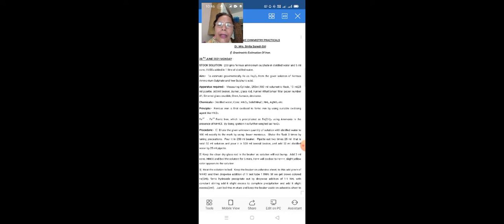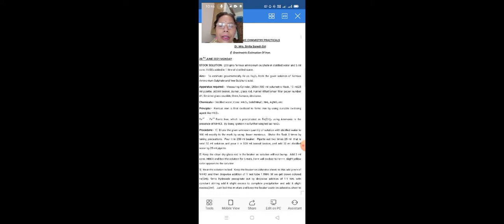Let us start the practical now. The first step: you have in your volumetric flask an unknown quantity of solution. You have to dilute it in a proper manner by diluting the solution with distilled water. Go on adding distilled water till the meniscus is adjusted to the mark of that flask.